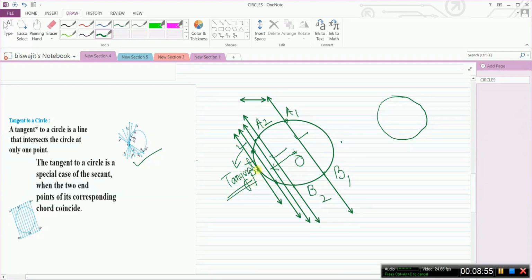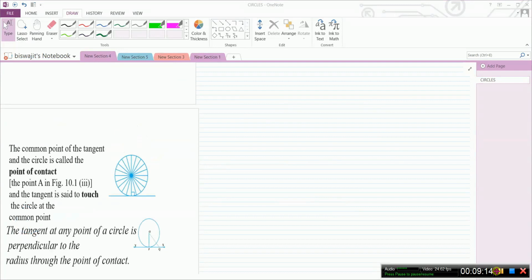So this line is called a tangent. So it is called that a tangent is the special case of the secant of the circle. Yes, students, so from this statement we learn special case of.